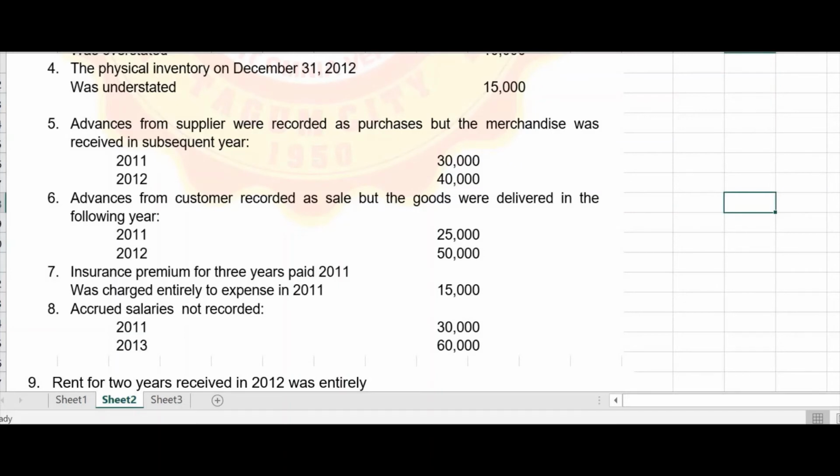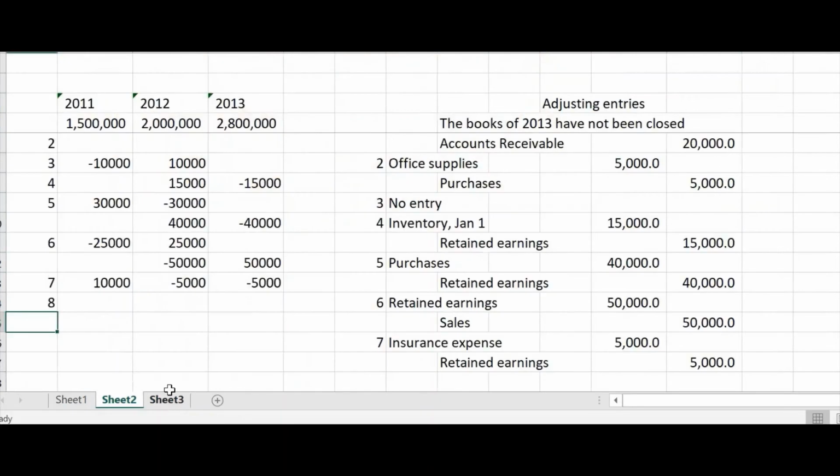So if accrued salaries are not recorded, of course, understated yung salaries expense, then overstated yung net income by 30,000 in 2011. Since this is counterbalancing, ang effect niya for 2012 would mean understatement of your net income for 30,000.